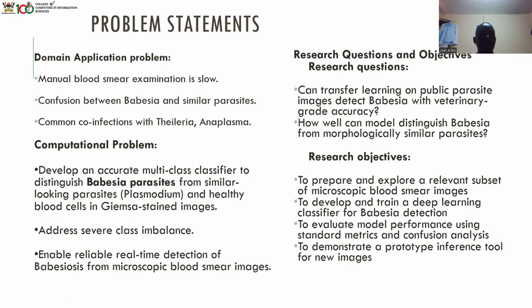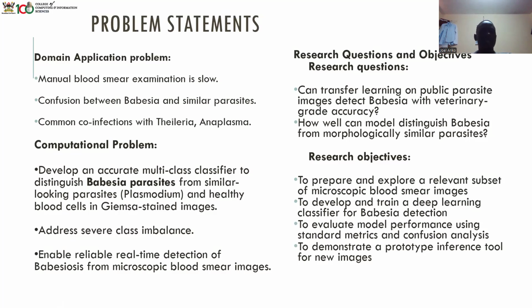Also, there is confusion between Babesia and similar parasites, for example Plasmodium, since they have similar rings. In manual work, if a lab technician is not critical enough, he can confuse them and make a vague verdict on the analysis he has made.